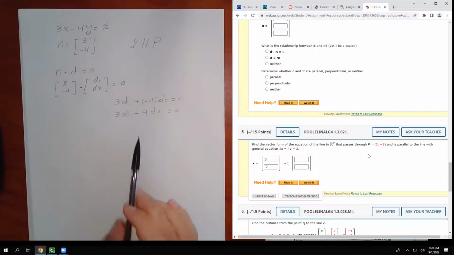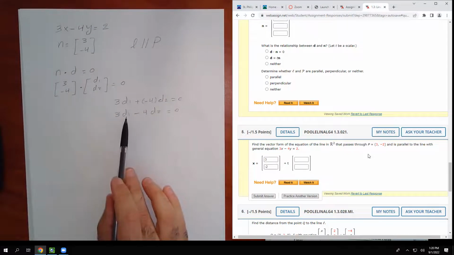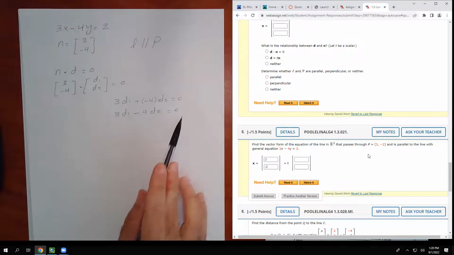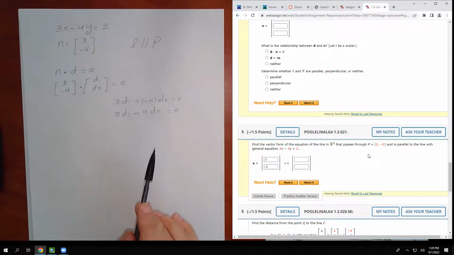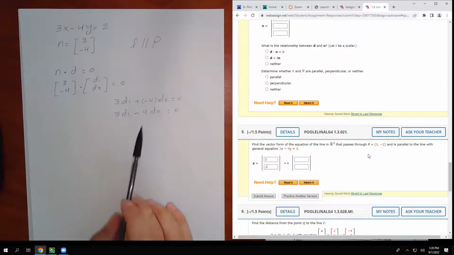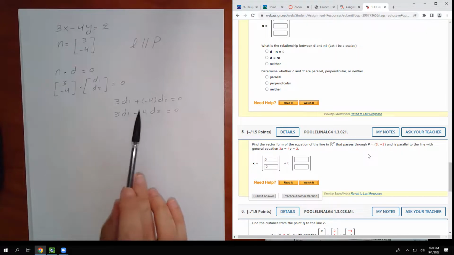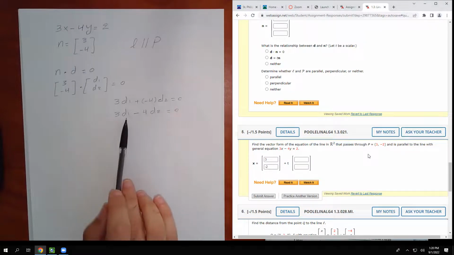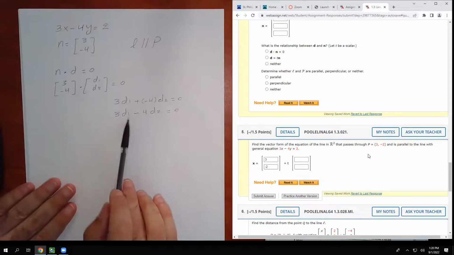So how are we going to get how much is going to be d1 and how much is going to be d2 to make the result equal 0? Which number are we going to plug in here and which number here?